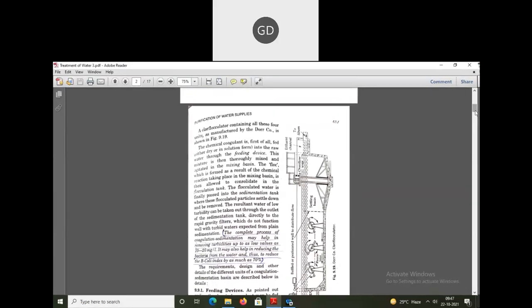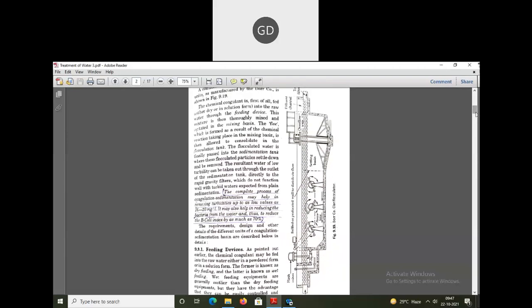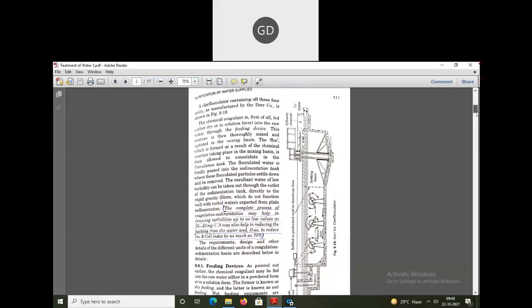In the diagram you can see a clariflocculator, shown in a horizontal direction. The first stage is that you have to add the chemical coagulant in the first part, that is the feeding device.